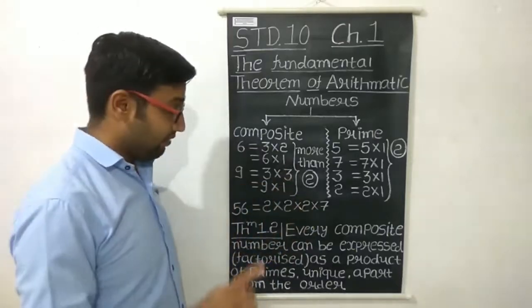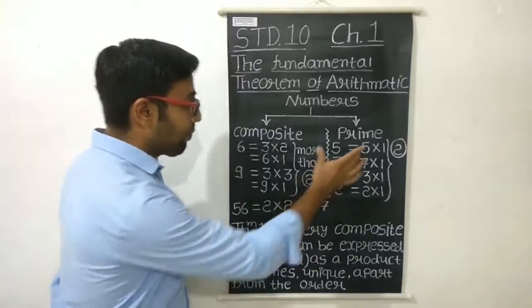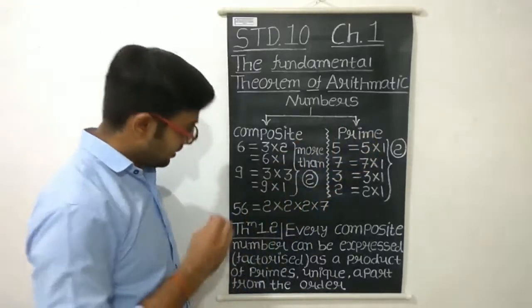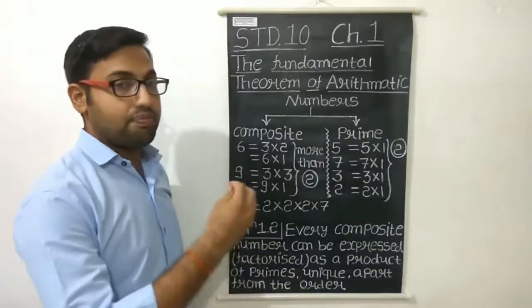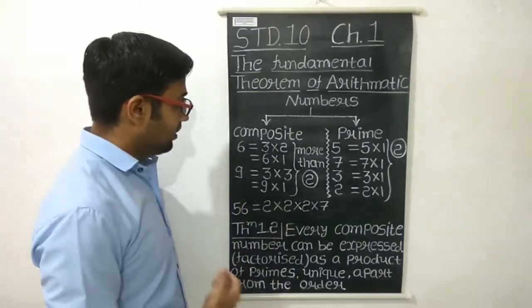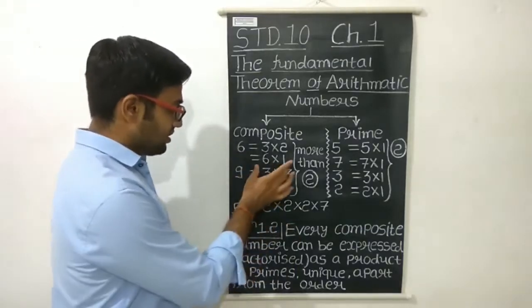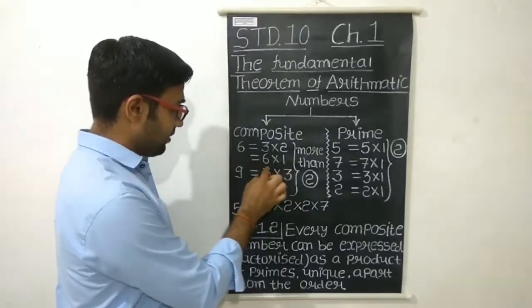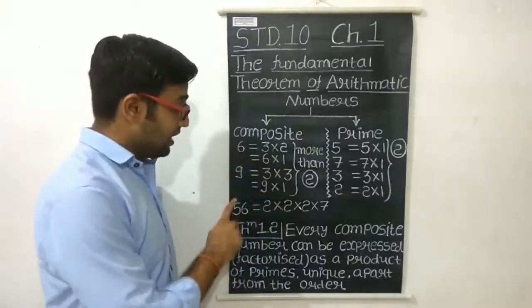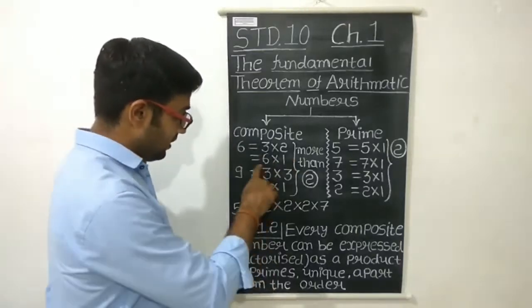But whenever we write down the factors in terms of prime numbers, then it is called prime factorization. Right? Like here also we can write 6 as 6 1s are 6. Yes, 6 and 1 are also factors of 6. But 6 and 1 are not called the prime factorization.